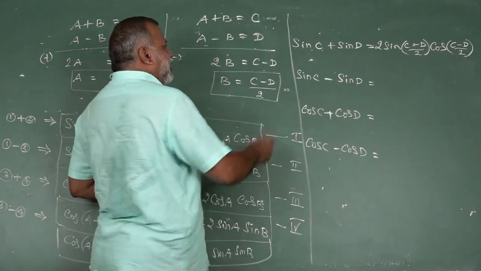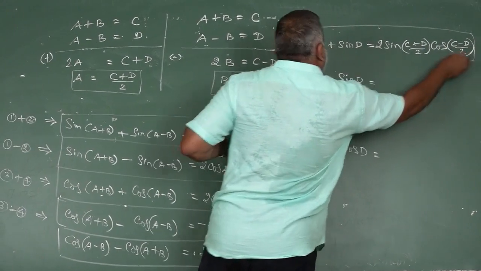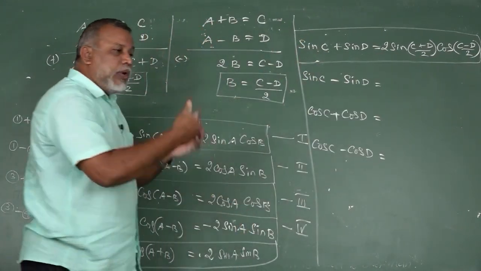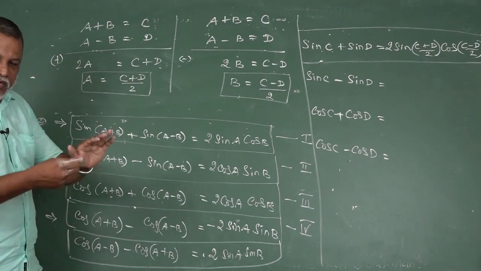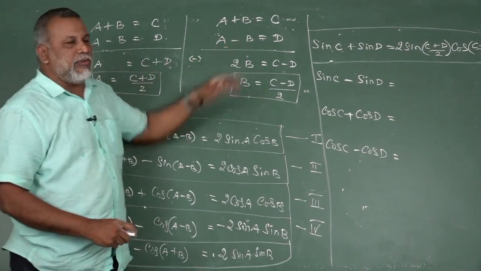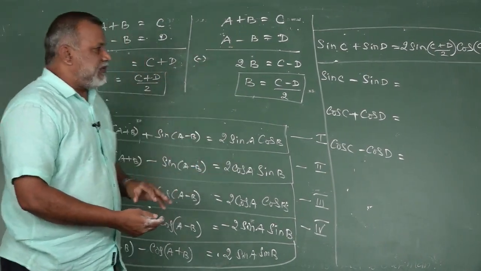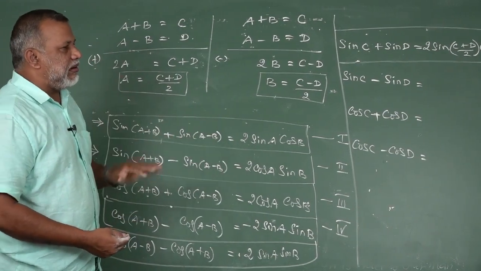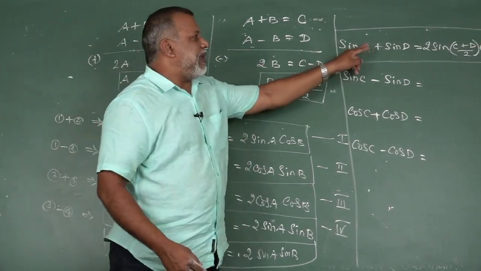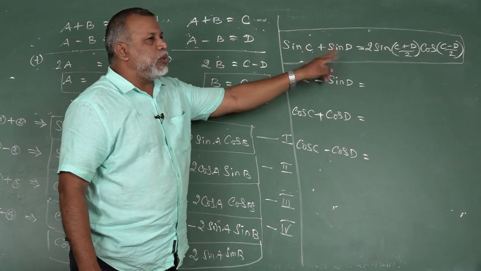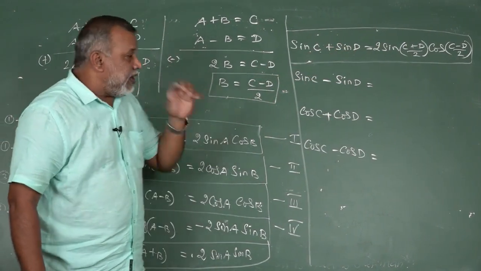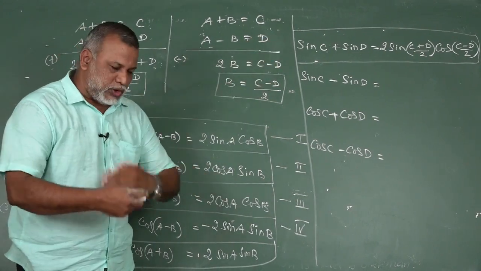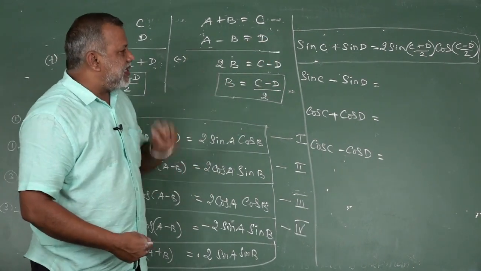See, these are the new results. How are we getting the new results? With the help of the fundamentals only. How these formulas are derived, that is the observation. Everyone should learn these concepts. Sin C plus sin D equals 2 sin C plus D by 2 cos C minus D by 2. If you use it this way, you can automatically learn the basic concept.